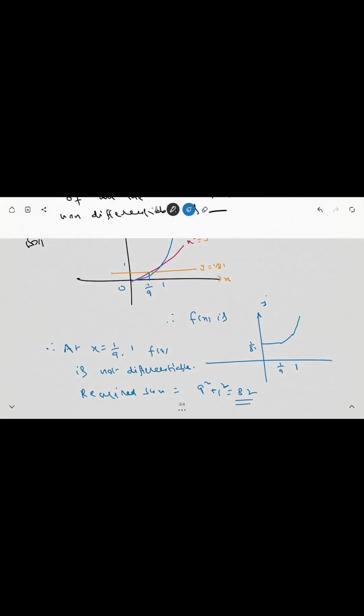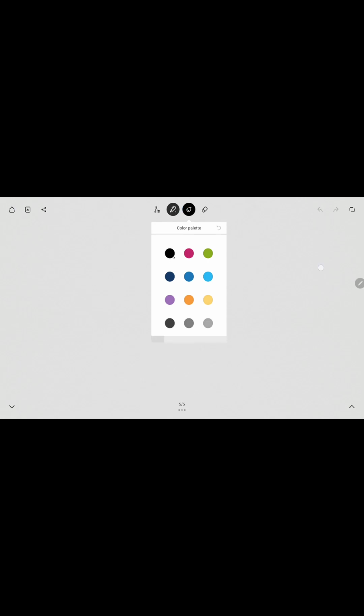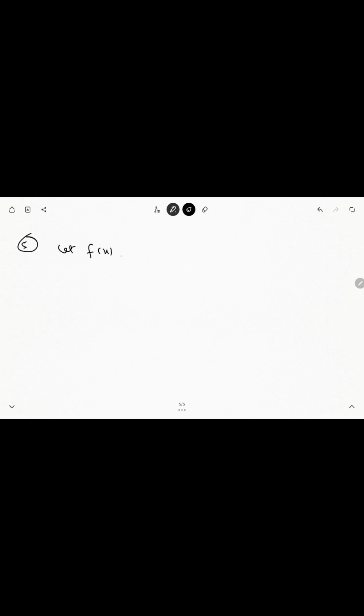Next one. Problem number 5. Let f of x be equal to the root of ln of x square plus kx plus k plus 1, by x square plus k, where ln is the logarithm to the base e.